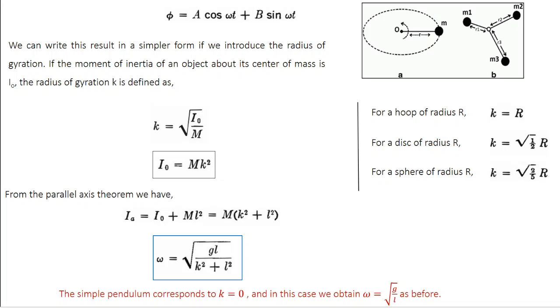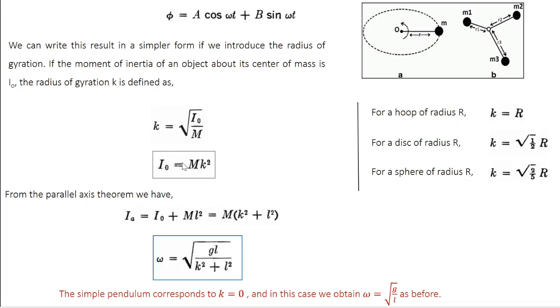From the equations of some of the simple objects we have done in the previous class, we can find out radius of gyration of some of the well-known structures. In the case of a hoop of radius r, I know that moment of inertia is nothing but mr square. So mk square equal to mr square. So radius of gyration k is nothing but the radius of the hoop r.